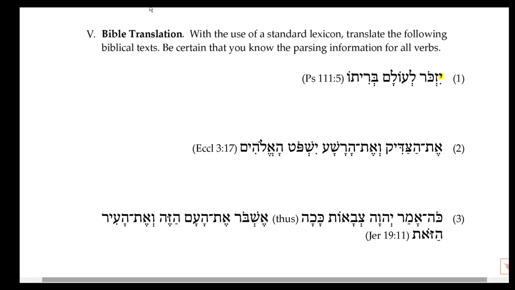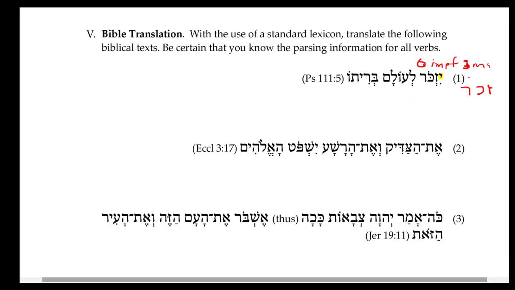I'm going to parse that just real quickly here. So Qal imperfect third masculine singular. And that's zakar, so our root is zakar, zayin kaf resh, to remember.